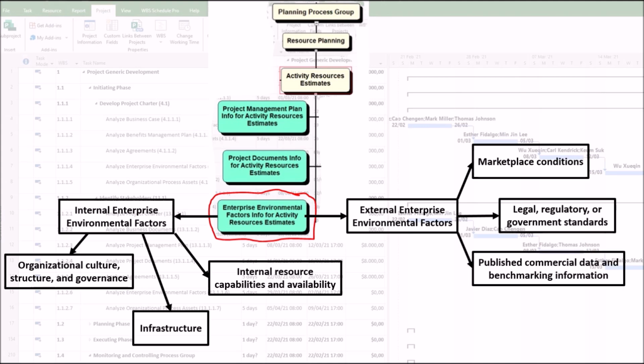Third, published commercial data and benchmarking information provides industry standard data for estimating effort, such as hours per unit of work and resource requirements. Fourth, economic conditions, such as exchange rates and inflation, influences the budget available for resources and the cost of procuring them.